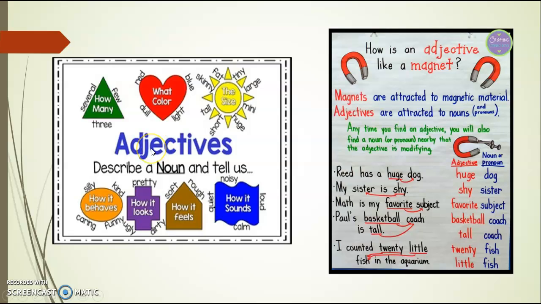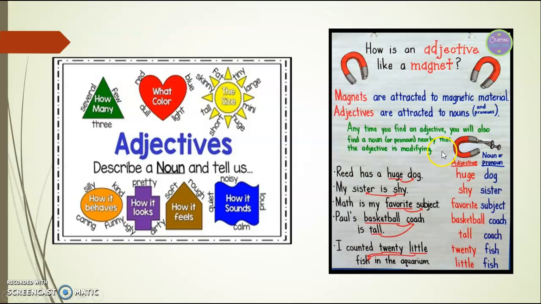So we know adjectives describe a noun and tell us how many there are, what color it is, the size it is, how it behaves, how it looks, how it feels, or how it sounds. Anything that is describing the noun is the adjective.